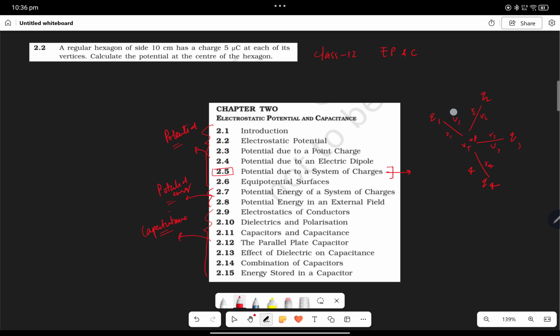So the potential for each, V1, you can write as V1 equals k q1 by r1, that is the magnitude of the charge divided by the distance between the charge and the point. Okay, so this is the concept.